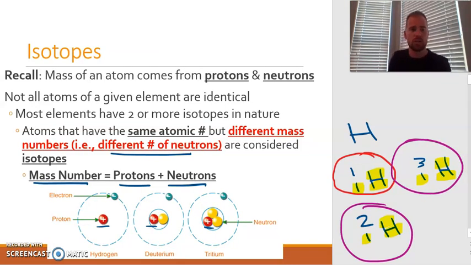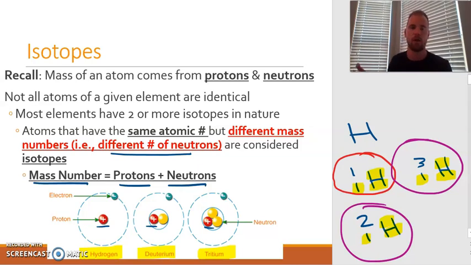All right, now notice the naming. The regular atom is still called hydrogen, but the other 2 have these special names, deuterium and tritium. These are actually Latin names. It's still hydrogen, but they have special names for hydrogen, considering that they have different masses. Well, scientists quickly realized that most elements in nature have isotopes.